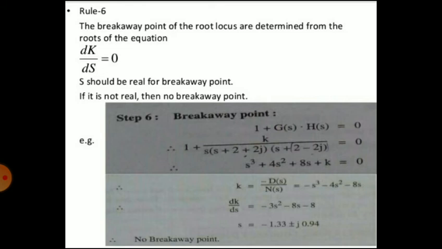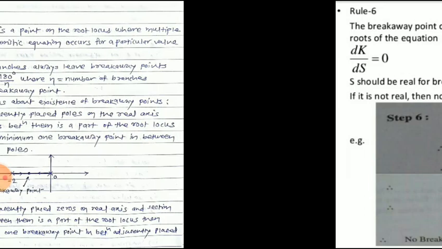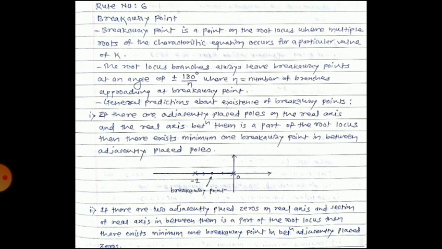So the general predictions for the existence of breakaway points are: if there are adjacently placed poles on a real axis, and that part of the real axis is part of the root locus, then there exists a minimum of one breakaway point in between the adjacently placed poles.